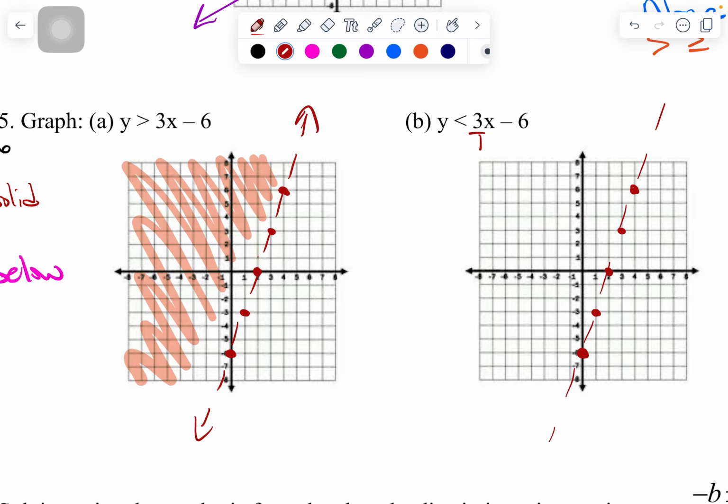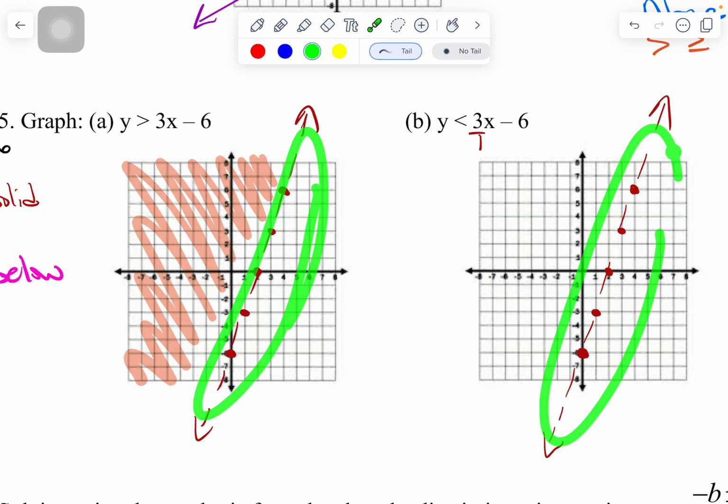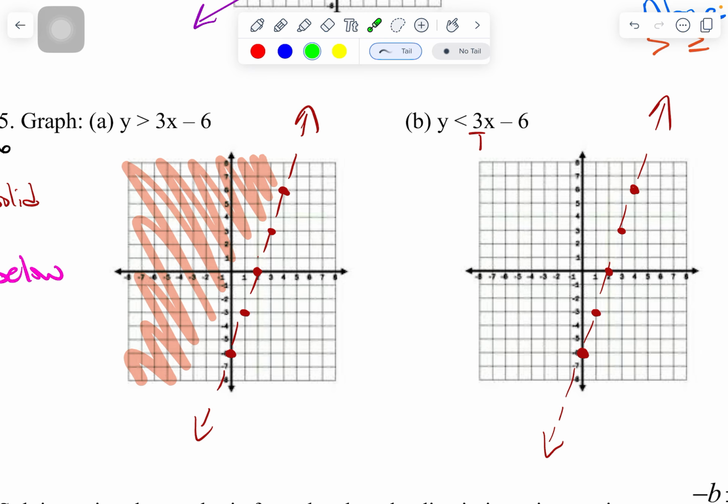So far, question number 5, the boundary line here looks the same as the boundary line there. The difference is going to come in because this is less than, all right? So the less than here means we are going to shade below our line, okay, below our boundary line.